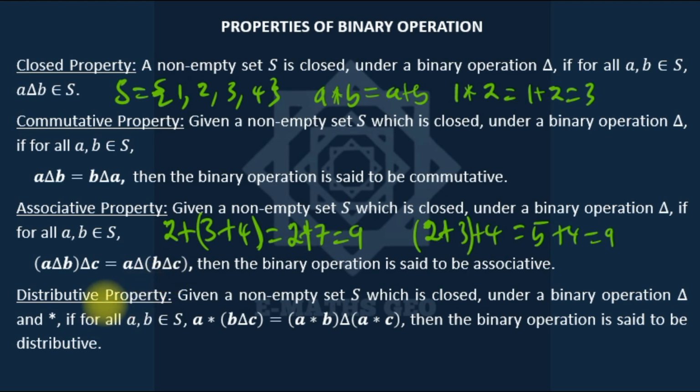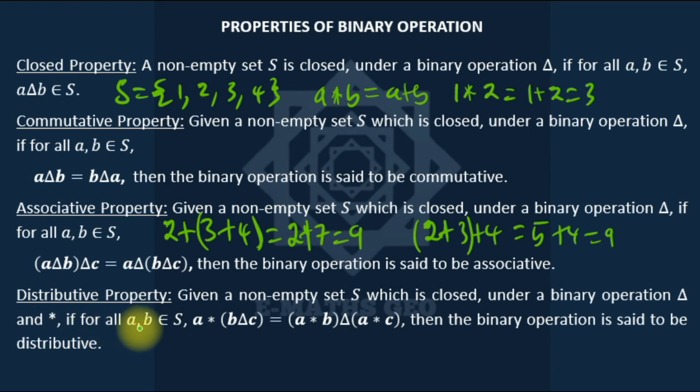Distributive will combine two different operations. Like they said, given a non-empty set which is closed, remember they must be closed, under binary operations triangle and star. So the two operations here are triangle and star.